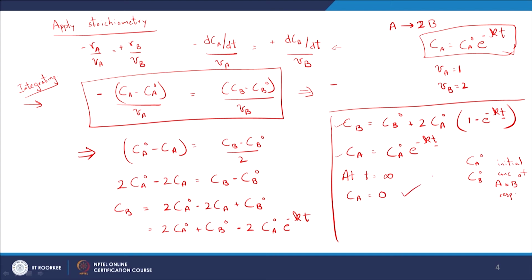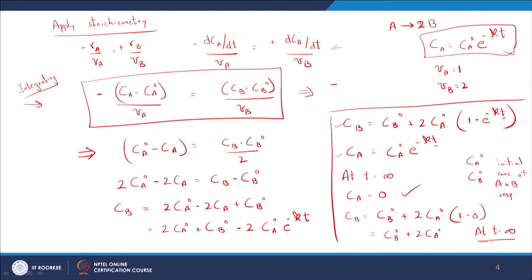That is what you expect, and Cb will be equal to Cb naught plus 2 times Ca naught into 1 minus 0, which is Cb naught plus 2 times Ca naught. This is again at time equal to infinity. So, what does this mean?